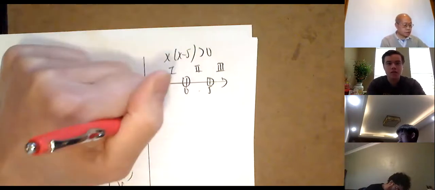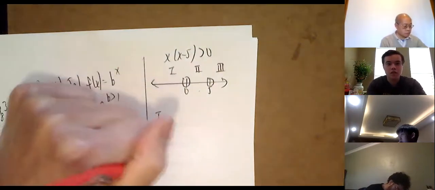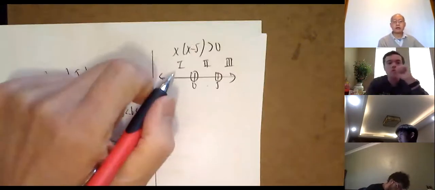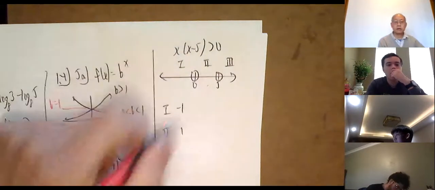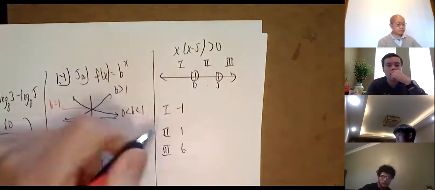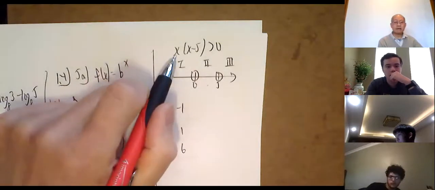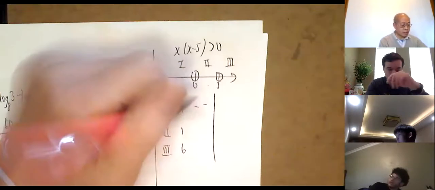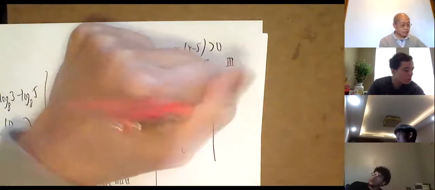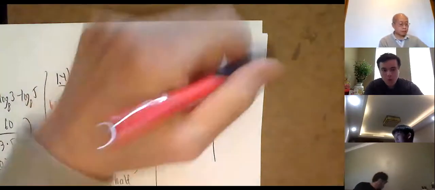Regions 1, 2, and 3. Region 1, how about negative 1? Region 2, 1. Region 3, 6. Plug in negative 1: negative 1 is a negative, negative 1 minus 5 is a negative. Negative times a negative is a positive. Is a positive greater than 0? Yes, that's true.